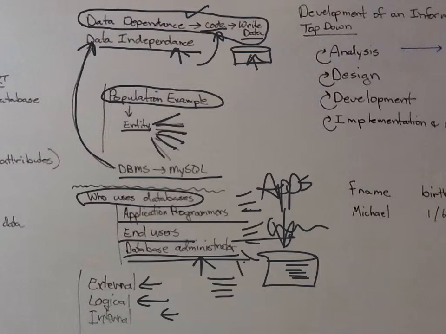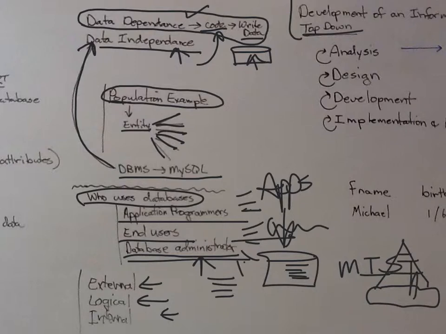I'll probably review this again, but we talked about top-down design, and there is a lot to this. If you're going to design, let's say, an information system, some management information system, you're going to have a big pool of data, and then you're going to design these different levels of information that need to come out of that data. The first thing you have to do is analyze. There can be lots of charts, diagrams, and so forth.